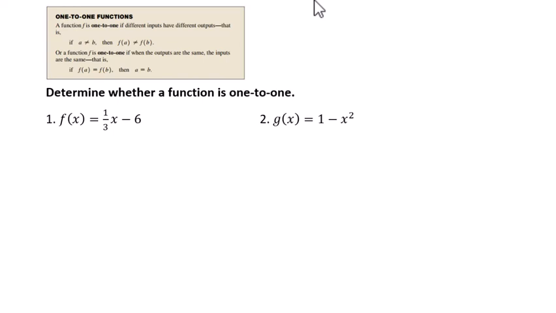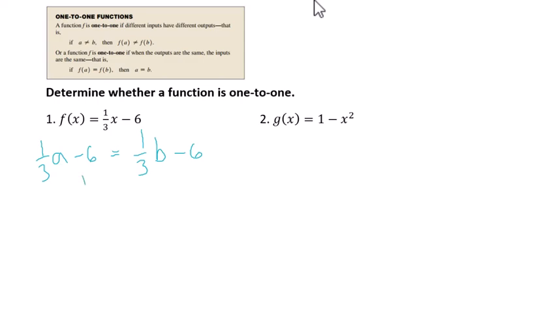So this will be 1/3 a minus 6 equals 1/3 b minus 6. So we have both functions here, and then we're going to test to see if we can make a equal b.